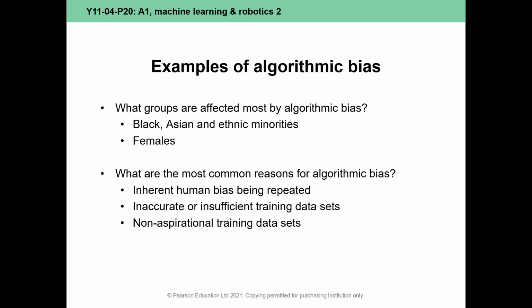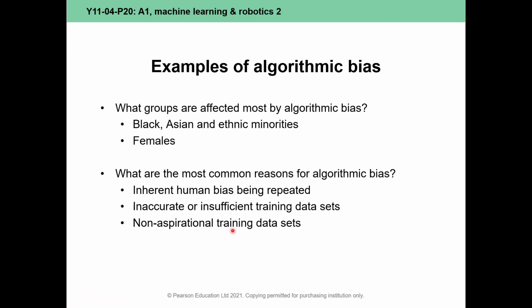I'm not entirely sure. But if you were Asian, then it was easier to fake your Face ID because there was a smaller training set used with Asian faces. Whereas if you were white, then your Face ID was more secure because there were more faces used to train it up. And it's because of inaccurate or insufficient training data.